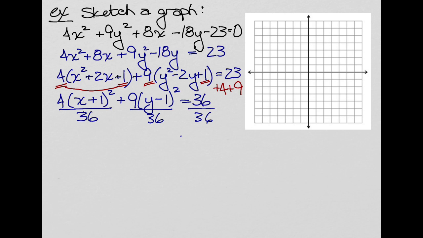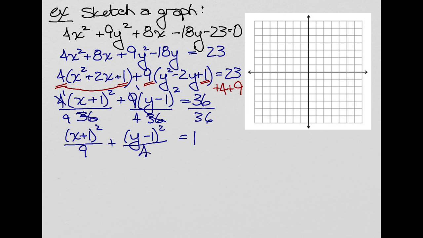Now I got my equals 1 on the right, 36 divided by 36, and we'll just think reducing. 9 divides into 36, 4 divides into 36, and it looks like we have x plus 1 squared over 9 and y minus 1 squared over 4.